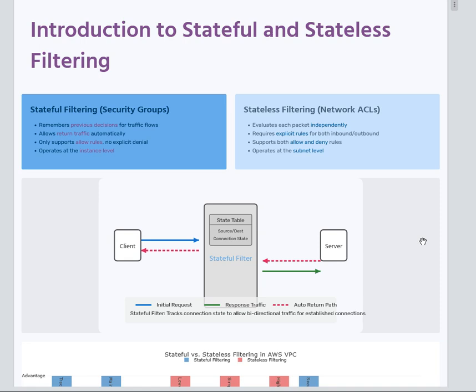And secondly, stateless filtering is what we call network access control lists, ACLs. Stateless means these evaluate each packet independently. They require explicit rules for both inbound and outbound, so you have to create both an inbound and an outbound rule. They support both allow and deny rules, and they operate at the subnet level.